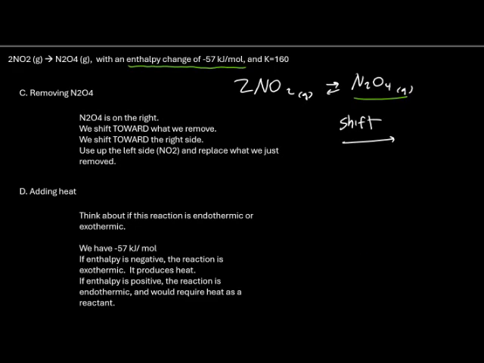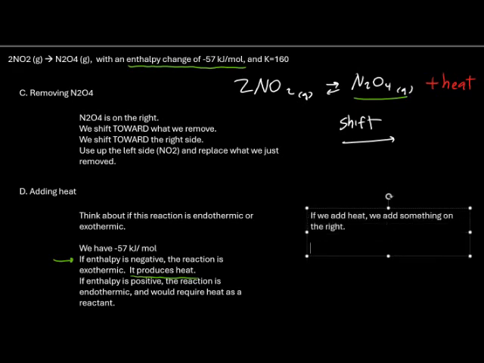In this case, our enthalpy is negative. The reaction will produce heat, and we will write that heat is a product of this reaction. To show that, we write the word heat on the right side of the reaction. Now, let's think about what happens if we add heat. If we add heat, we're adding something that's on the right. And we always shift away from things that we add.